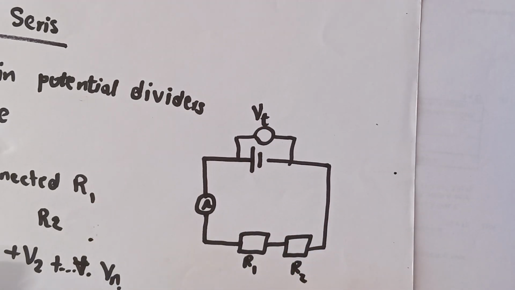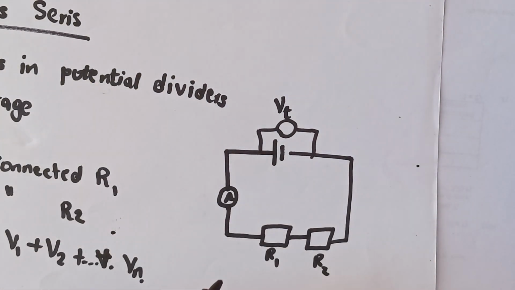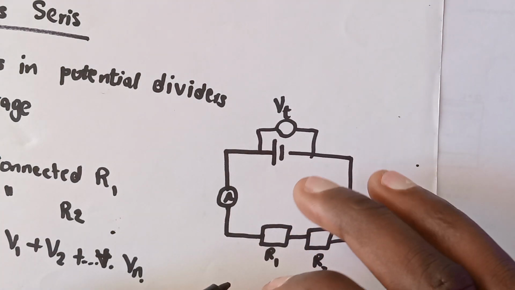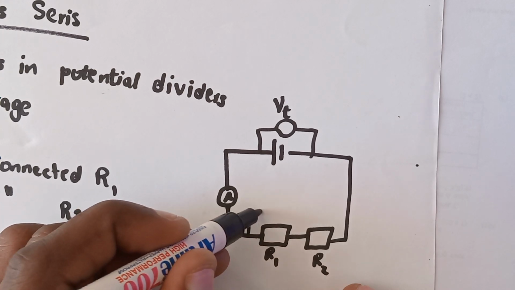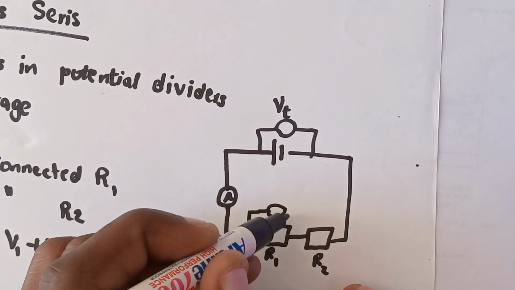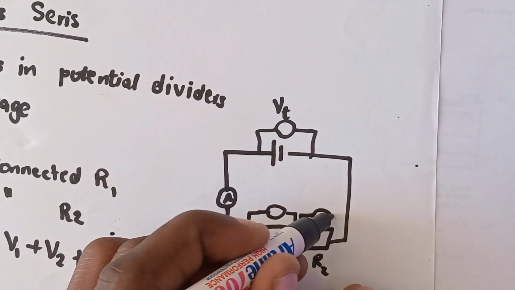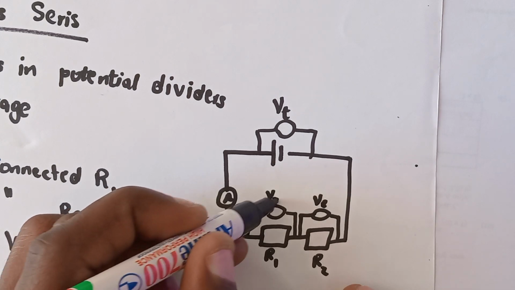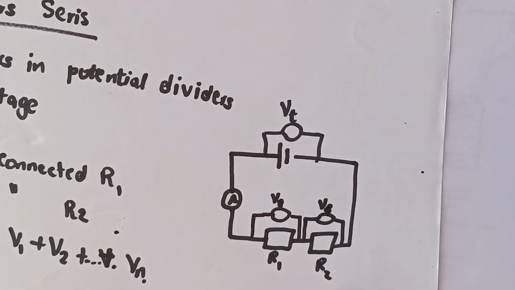Since resistors in series are potential dividers, for this cell we have V1 across resistor 1 and V2 across resistor 2.